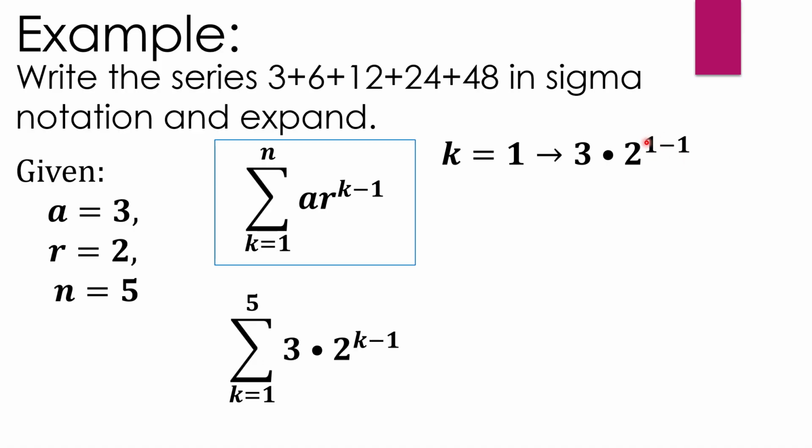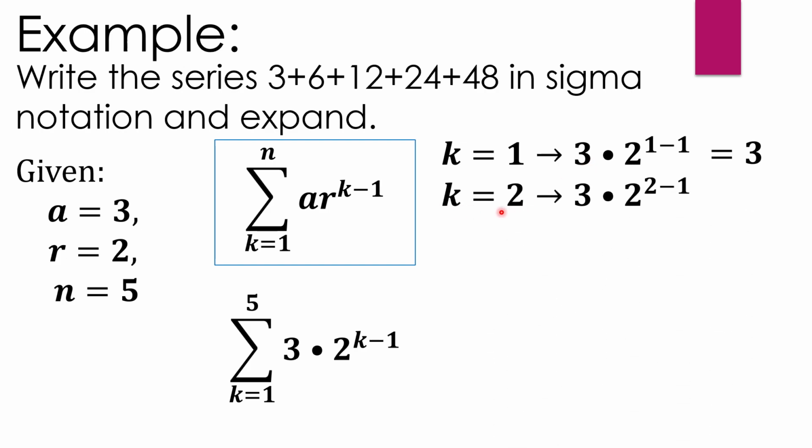And always remember, with the rule of the power of exponent, if your exponent is 0, that automatically equals 1, whatever number it is here. So 1 times 3, that is 3.